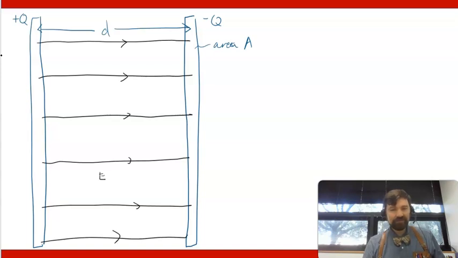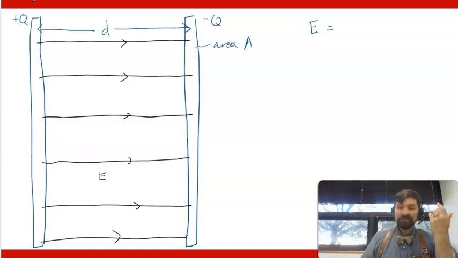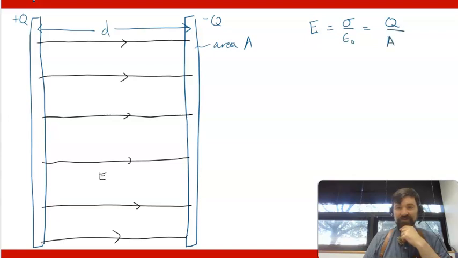So here's E. Recall that E is equal to, for a single plate, sigma divided by 2 epsilon naught. For the pair of plates in here, it's actually sigma divided by epsilon naught, or in other words, charge per unit area times epsilon naught.